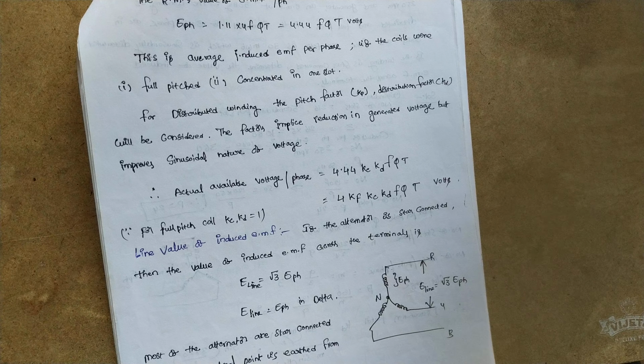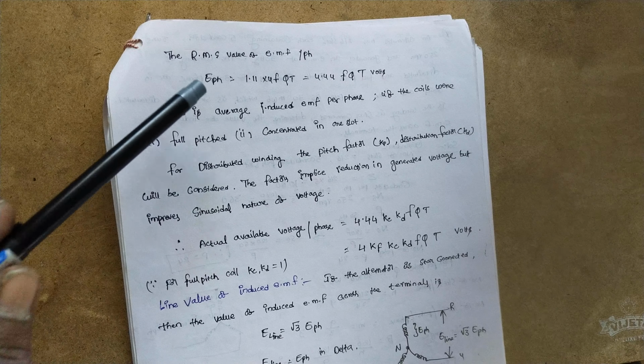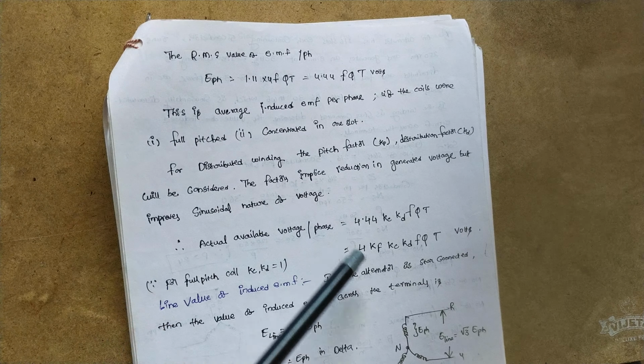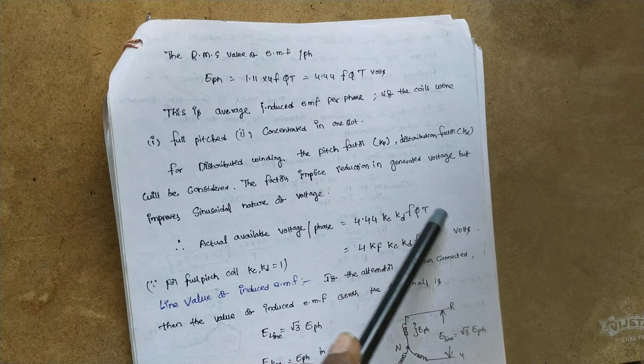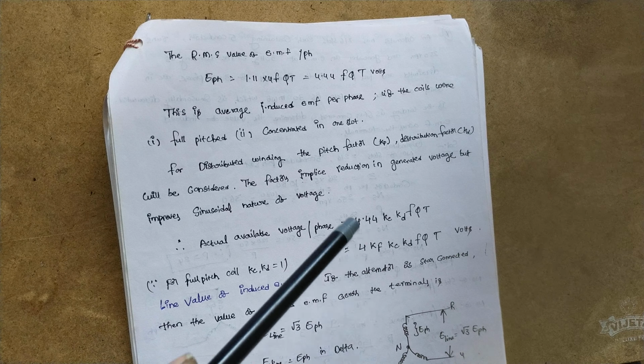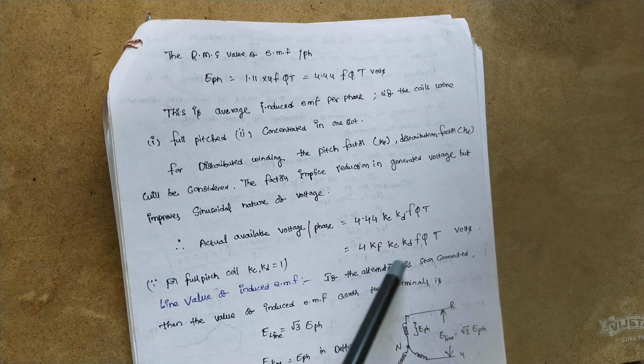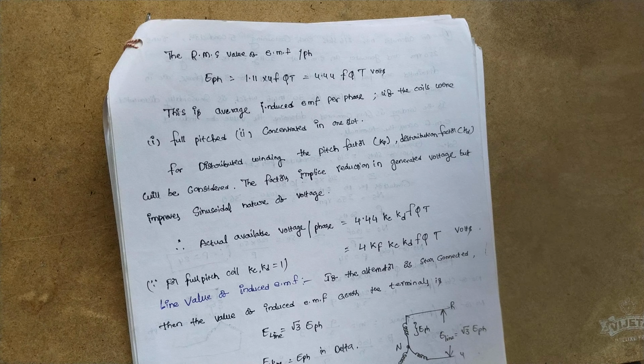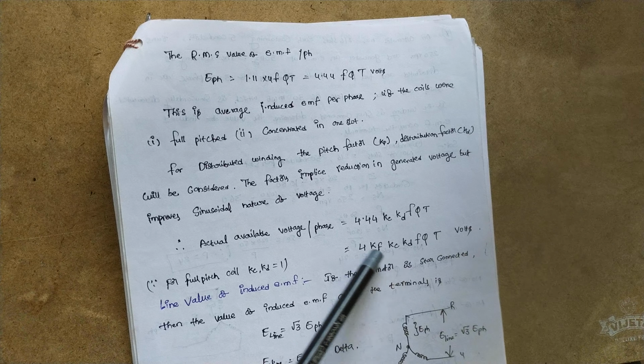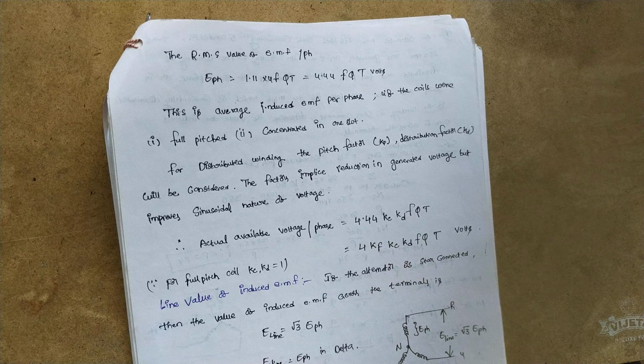This is the EMF equation for the synchronous generator. Mostly we use distributed winding, hence this equation is very important: E phase equals 4.44 Kp Kd pi f T phase.